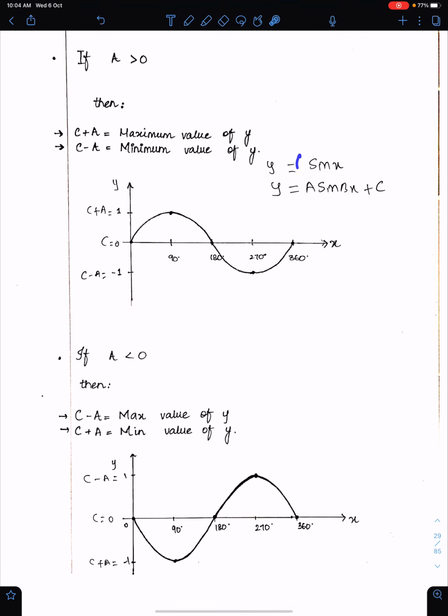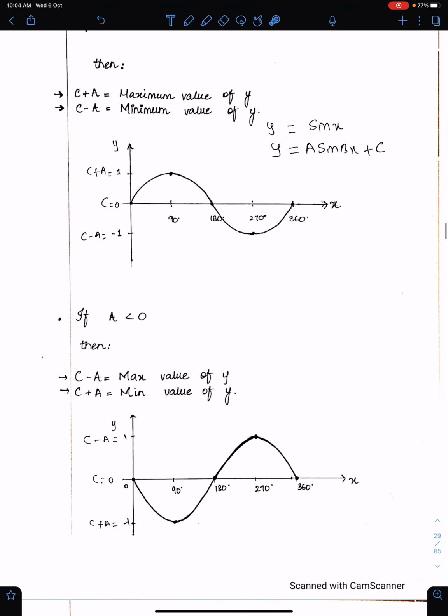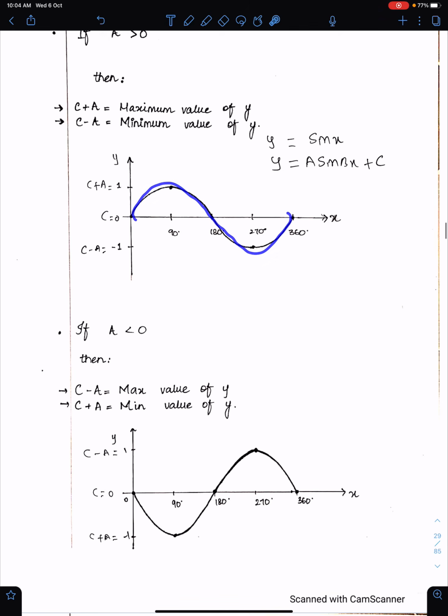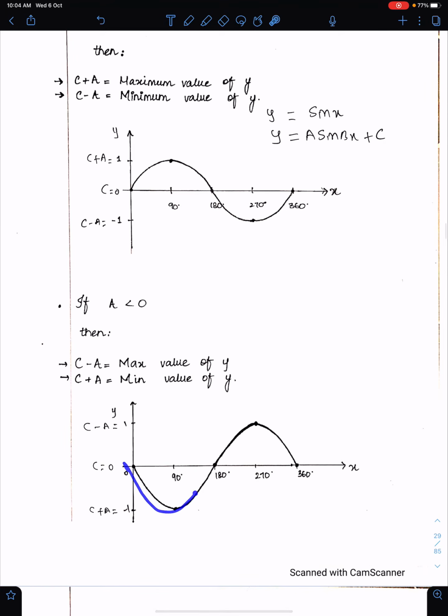A is 1, B is 1, C is 0. That is why we have 1 here and minus 1 here. And if A is negative, then we have an inverted curve like this. So for a positive value of A, the curve is normal. For a negative value of A, the curve is inverted.